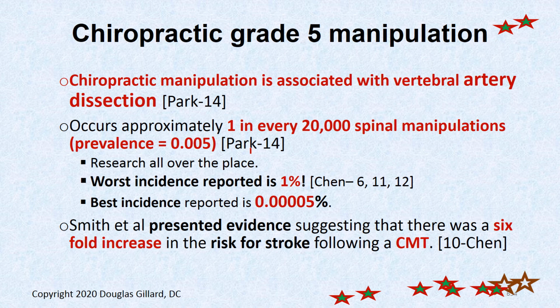But there's other research that shows it's even more rare than that. There's one paper that showed it was 0.00005. So in the Chen paper, this is ridiculous, but one paper said it was 1% of chiropractic adjustments, which would be ridiculous, right? We wouldn't be able to get malpractice if that was the case.